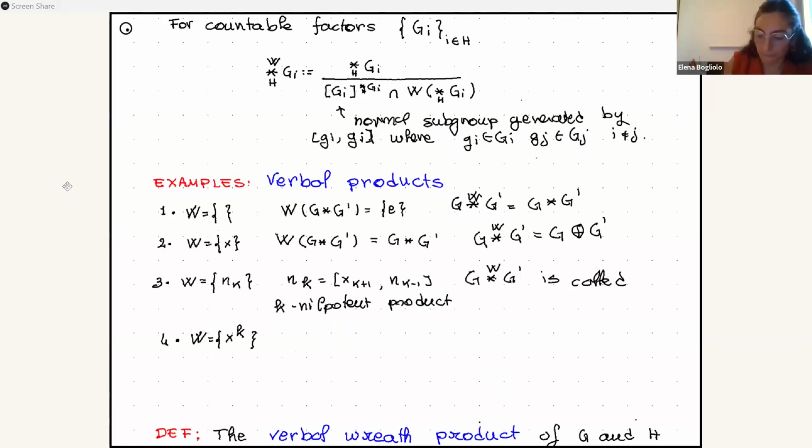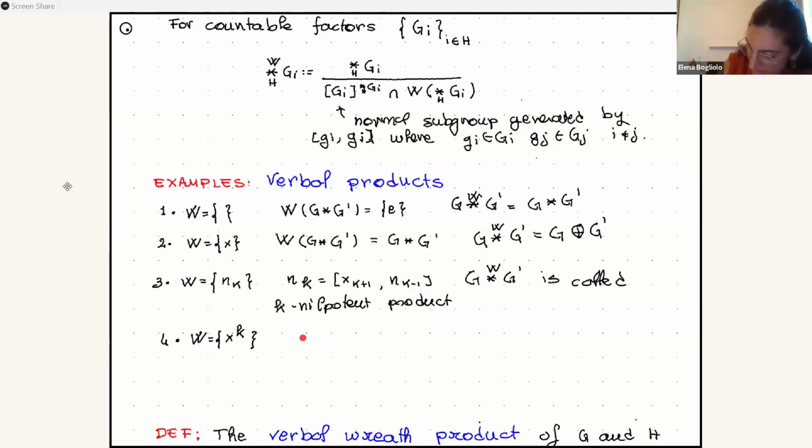And the verbal subgroup associated to this W is going to be the lower central series. I want to point out that in this case, the product that we obtain is not in general nilpotent, but it has a permanence property, which means that if we take nilpotent groups, then the nilpotent product is going to be nilpotent.